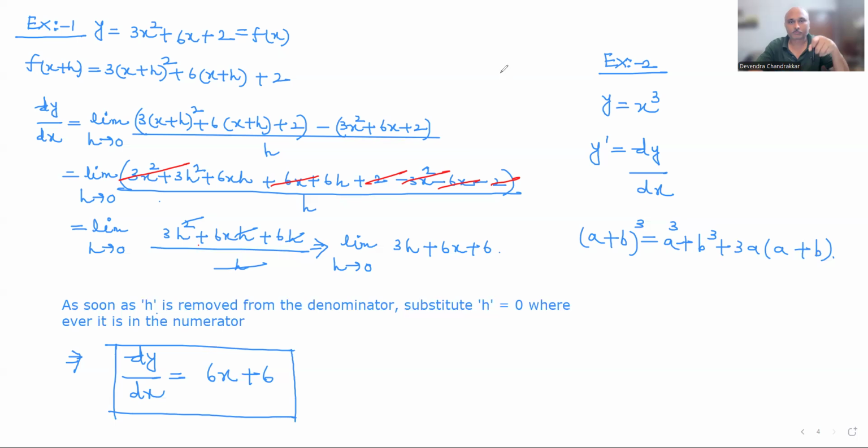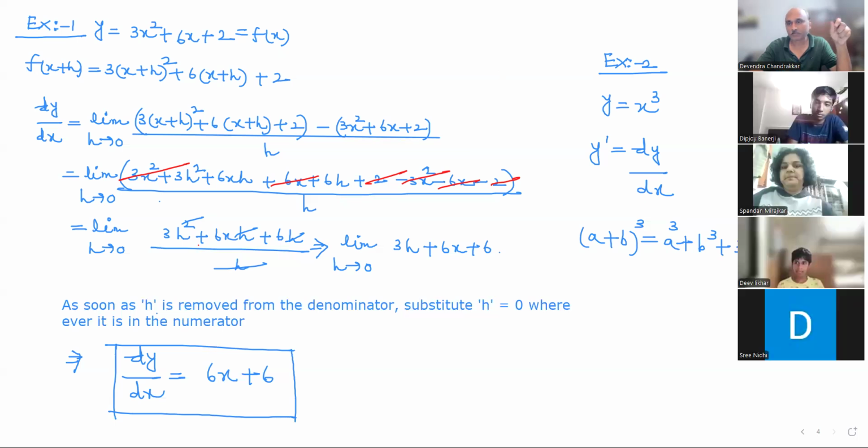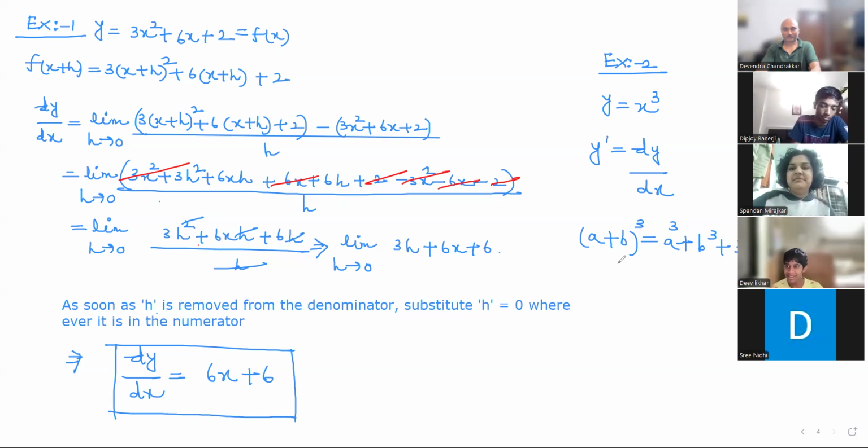I hope all of you understood this. Noted? Please solve this using the first principle, okay? Srinidhi and Spandan, both of you.